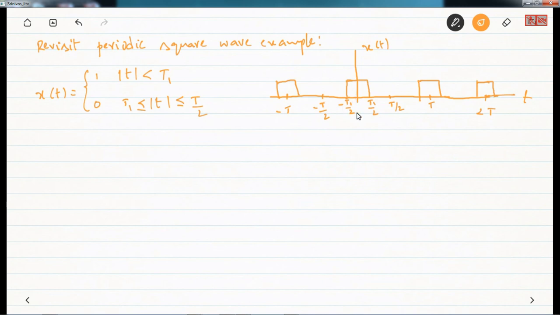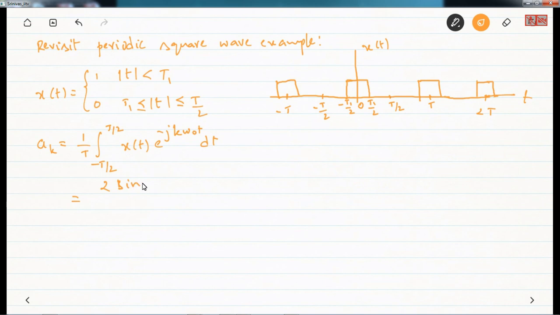So here the period can be from 0 to T or from minus T by 2 to plus T by 2. So we use this integral from minus T by 2 to plus T by 2 to find out a k. So if we did this integral, minus T by 2 to plus T by 2, x of t e power minus j k omega naught t dt, then we did this in the last class, so I'm not repeating that.